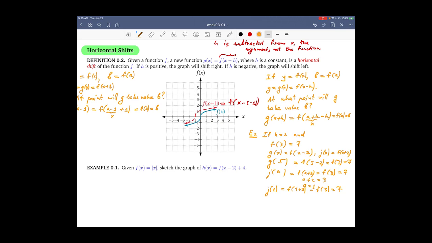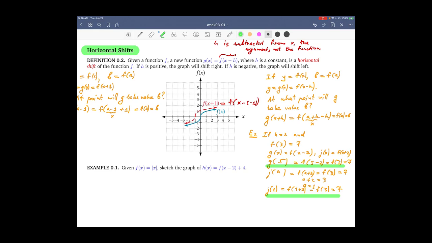Now compare G and J. G is leading ahead of f by 2 units, and J is lagging behind f by 2 units.